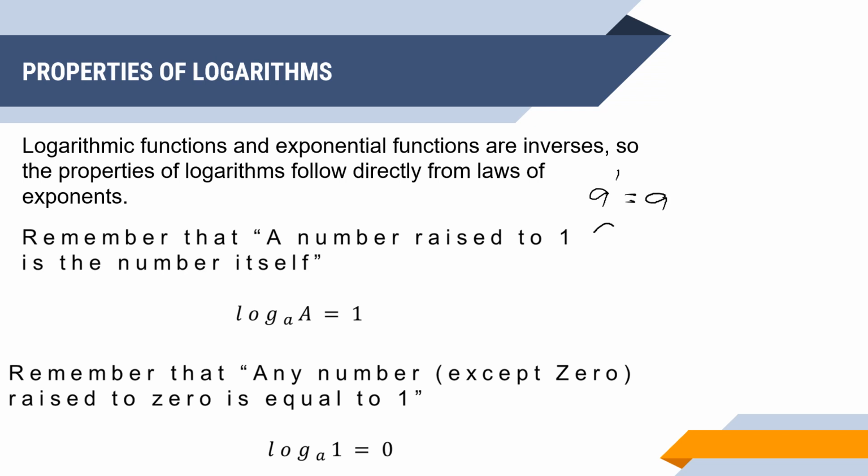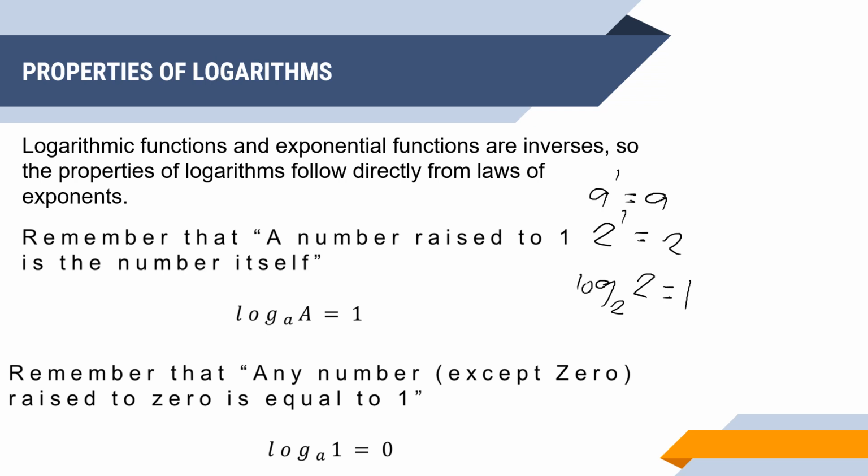Or if we have 2 raised to 1, this is just 2. Using this concept, if you rewrite this into its logarithmic form, we write the word log, our base is 2, equals 1 is our exponent, and then we have 2. So we have the log of 2 with base 2 is equal to 1.